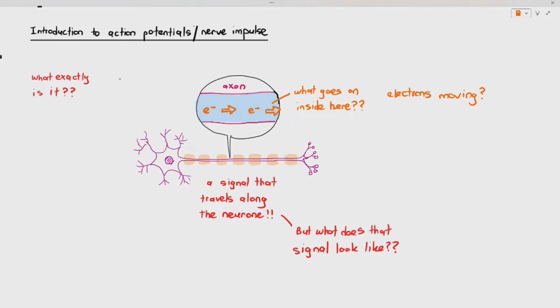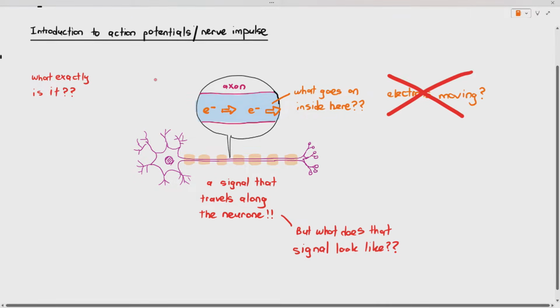And while that is a good attempt at an explanation, that is not exactly what's going on at all, because action potentials, nerve impulse, or electrical impulse are not electrons moving along the neuron. So if they are not electrons moving along the neuron, what exactly are they? Well, let's talk about it.